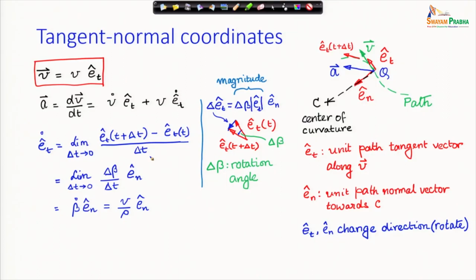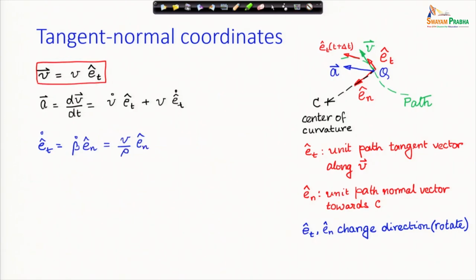So, that is E_t dot, and finally, in the limit delta t goes to 0, this becomes beta dot, and remember beta dot was v over rho, the speed over the radius of curvature. Therefore, E_t dot is nothing but beta dot times E_n cap, and that is equal to v by rho E_n cap.